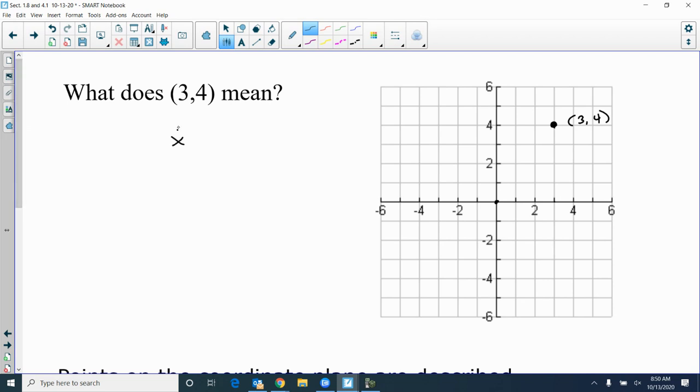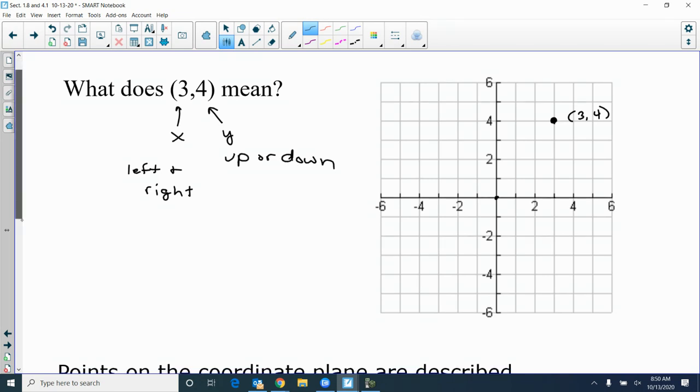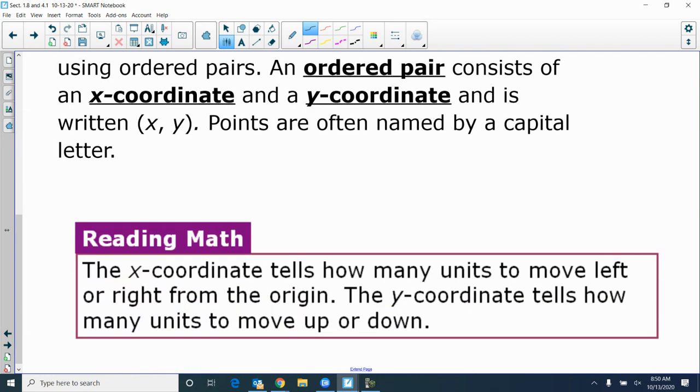So this tells you which way to go left and right. And the 4 is your y coordinate. That tells you how far to go up or down. Just like I said here, the x coordinate tells you how many units to move left or right, and the y coordinate tells you how many units to move up or down.